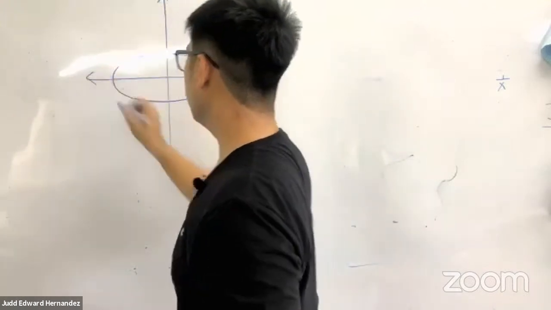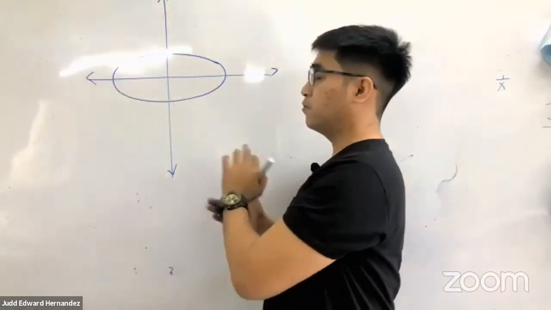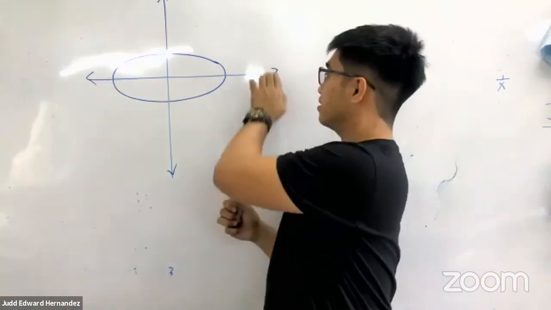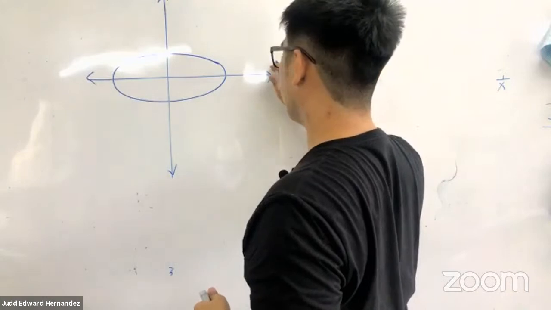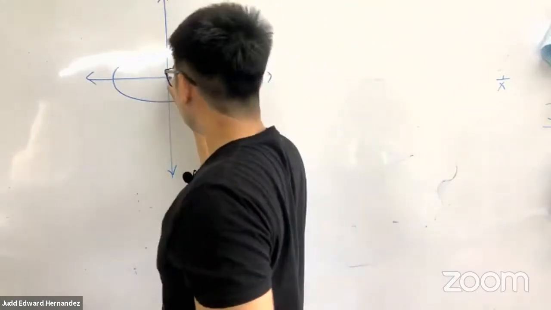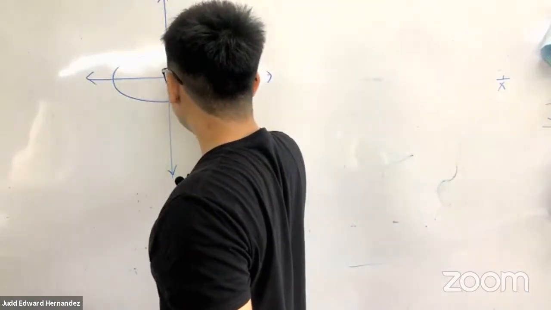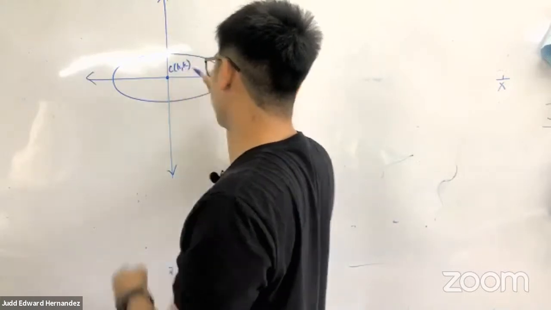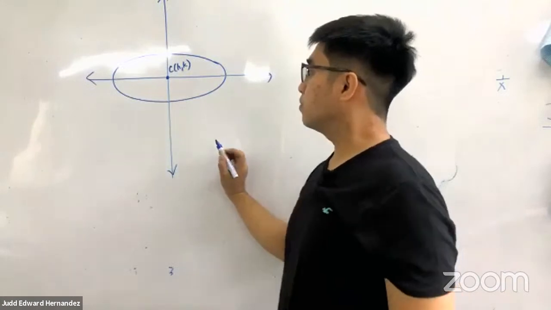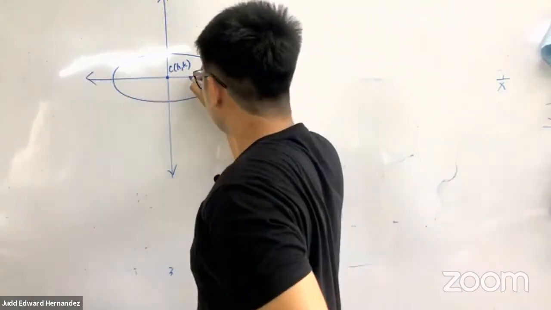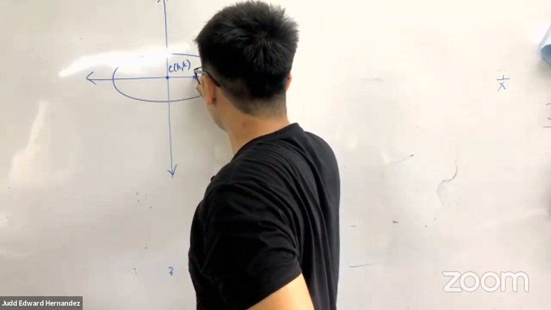Sabi sa atin, locus of all points in the plane, the sum of whose distances from two fixed points is a constant. Bakit? Okay. So this is the center. Located siya at (h, k). Pero dito, located siya at the origin. So if that is the center, this is the foci.